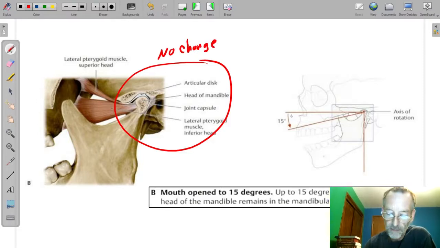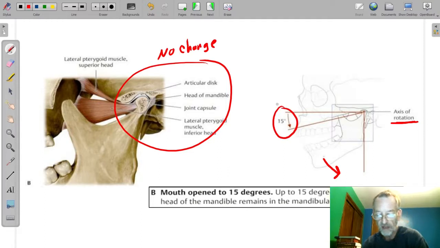As the mandible opens, so here's our axis of rotation again. And the mandible has depressed a small amount, to less than or equal to 15 degrees. I don't care that you necessarily remember 15 degrees, but it's a slight amount of opening.